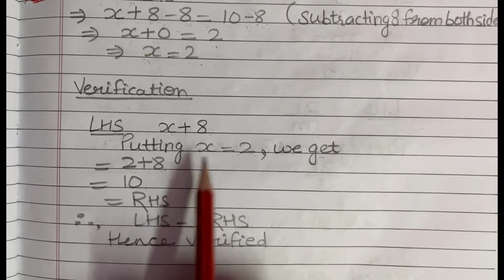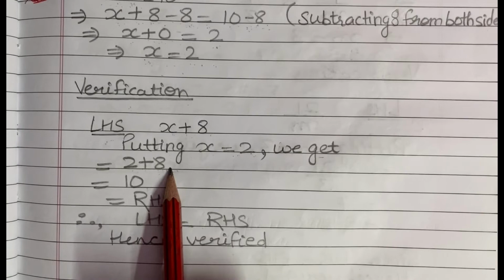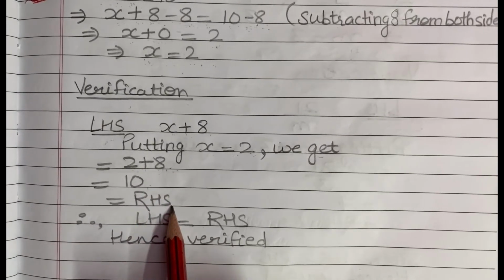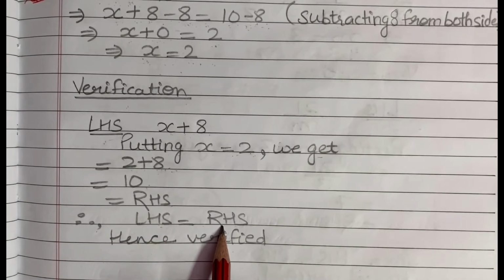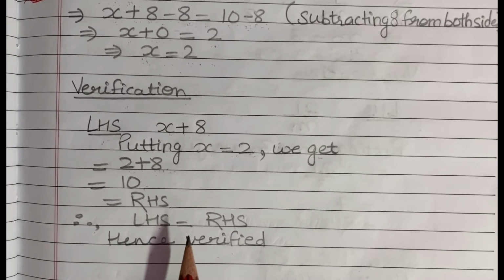On putting x equals 2, we will get 2 plus 8, and on adding this we will get 10, and this is nothing but our RHS. So this means LHS is equal to RHS, hence verified. Hopefully it is clear to you.